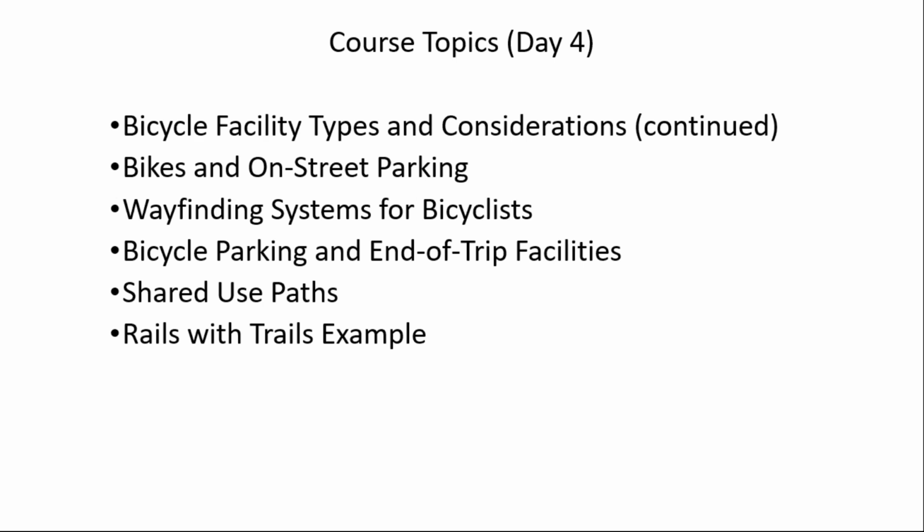We'll look briefly at bikes and on-street parking, also briefly at wayfinding systems for bicyclists, and also bicycle parking and end-of-trip facilities. Then we'll look at shared use paths, which we've talked about throughout the session, but we'll look at them in more detail, and we'll wrap up with a rails with trails example.